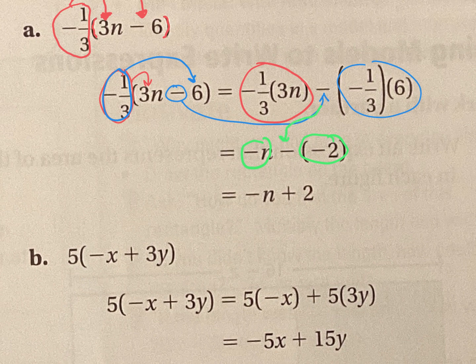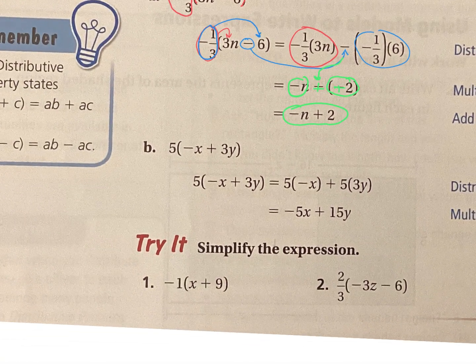You bring the minus down, and you have a negative n minus a negative 2, which you can just add the opposite. Means it's a negative n plus 2. Okay. There's another example, B, where you're going to multiply this 5 to negative x and this 5 to 3y, and then put those together and see what you get.